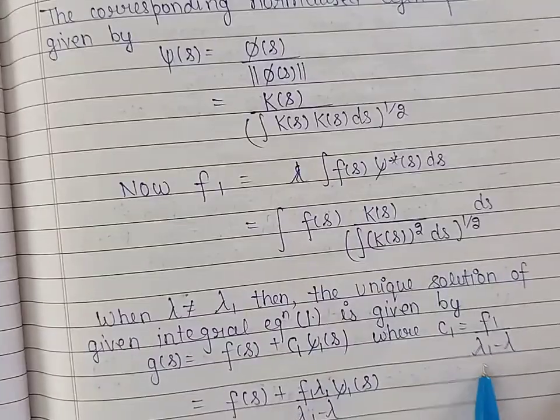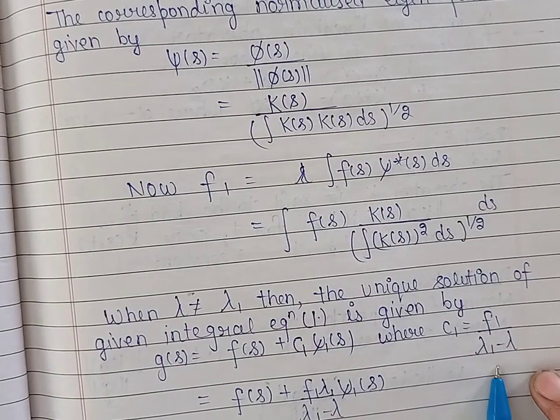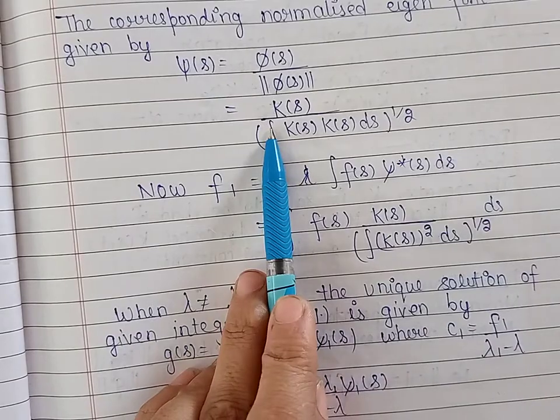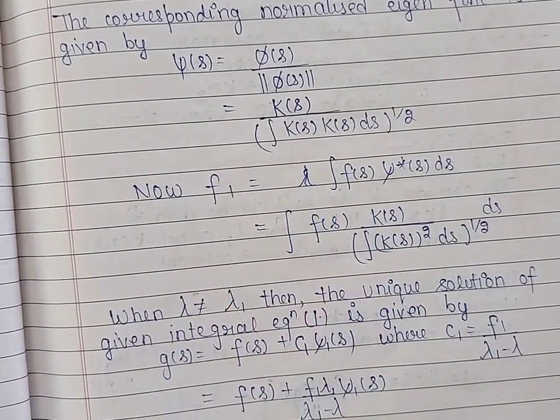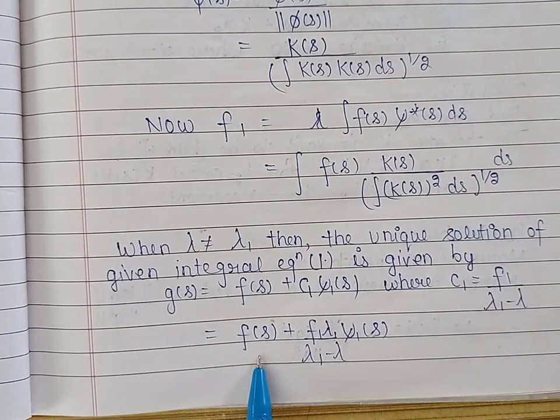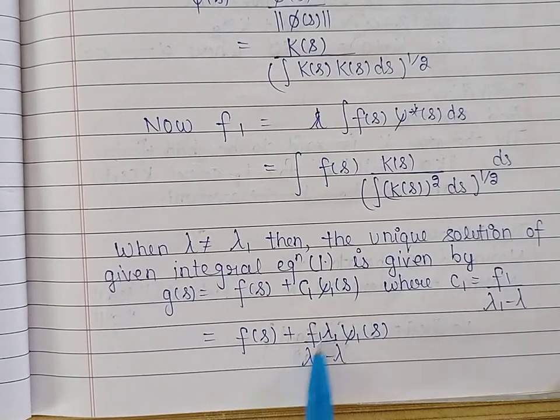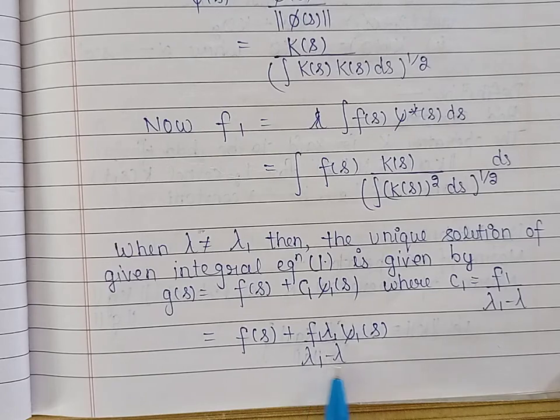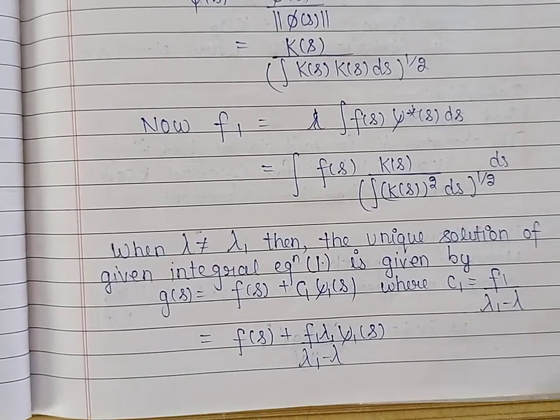This is the value of c1 here, and the value of ψ1 is this value. Substituting these two values here, we get the solution which is given by g(s) = f(s) + f1 divided by (λ1 − λ) times ψ1(s). So this is the solution.